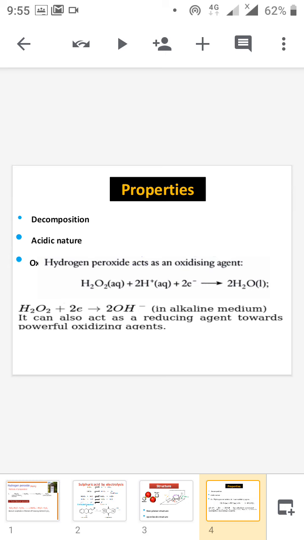Hydrogen peroxide acts as an oxidizing agent in both acidic and basic medium. In acidic medium, hydrogen peroxide reacts and we will get water. Whereas in basic medium, hydrogen peroxide reacts and we will get OH minus ions.